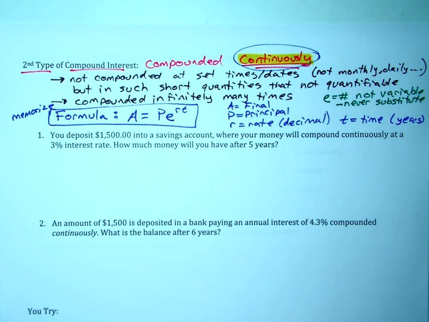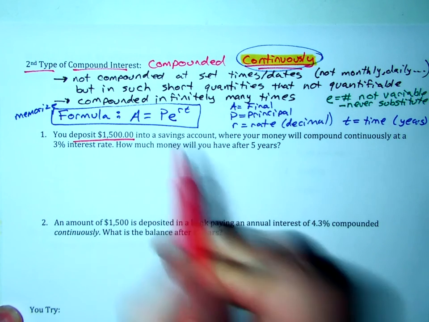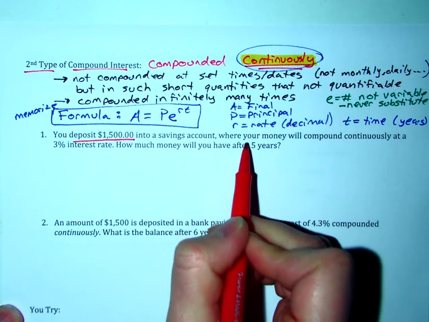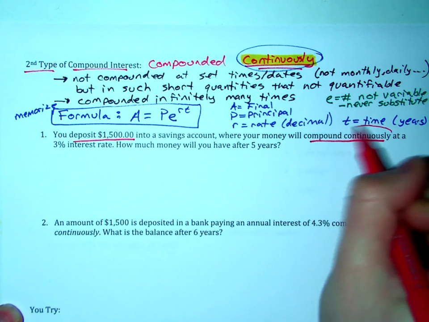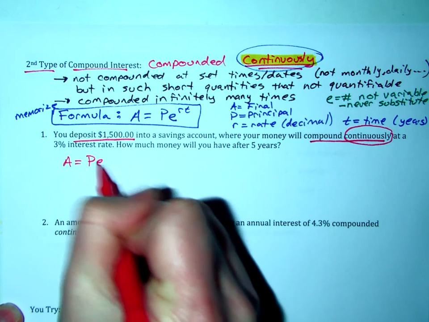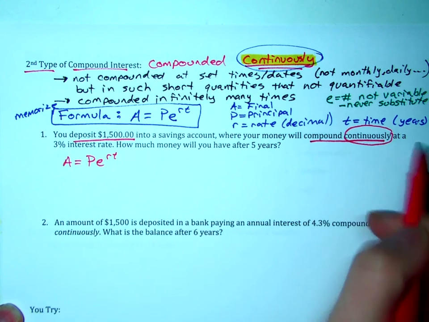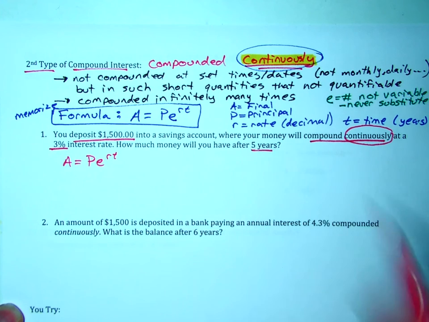So let's do a couple sample problems here. You deposited $1,500 into a savings account where your money will compound continuously. Again, as soon as I see continuously, I should be thinking A equals P e to the rt. At a 3% interest rate, how much money will you have after 5 years?